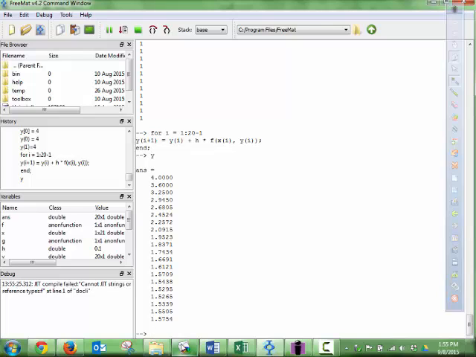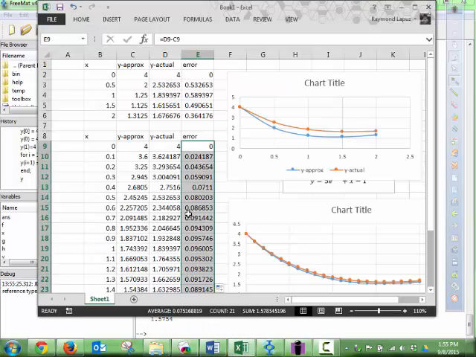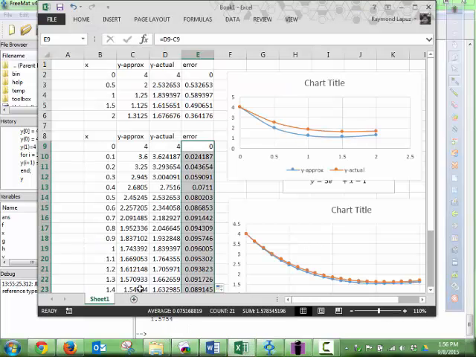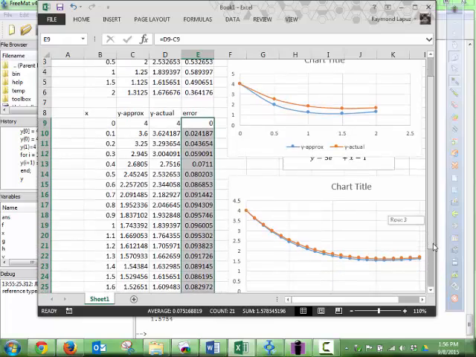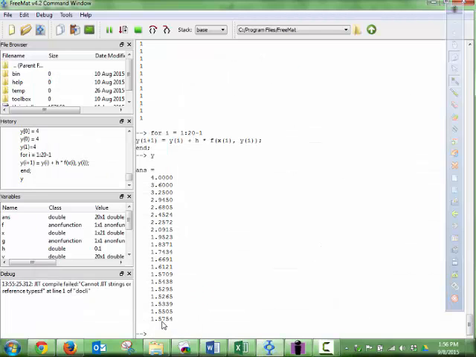So the question is, are these the same values that we got? 3.6, 3.25, 6, 3.25. I didn't reach 2. I only got to 1.57. Bummer.